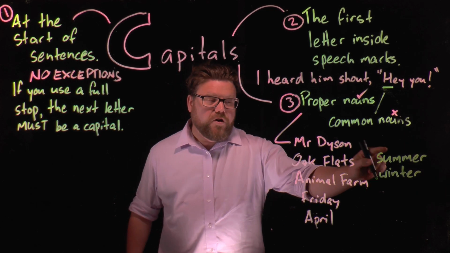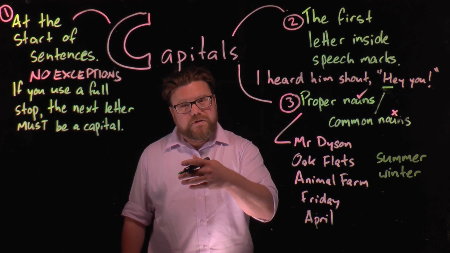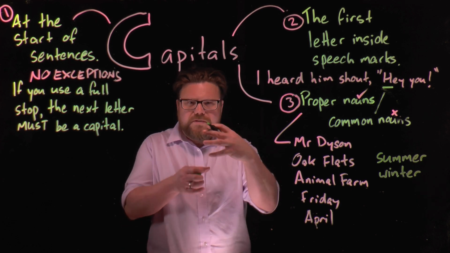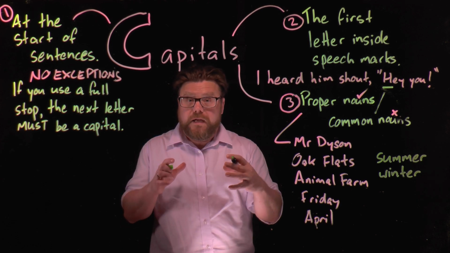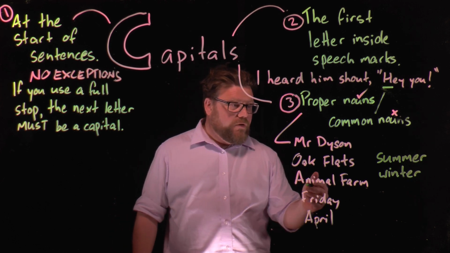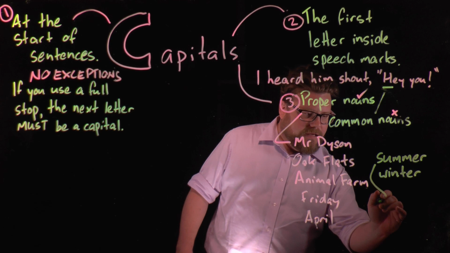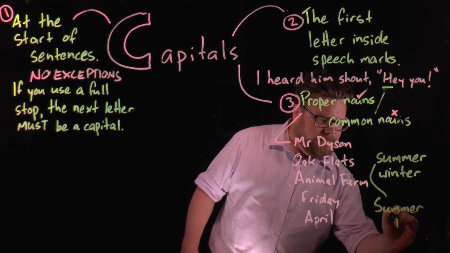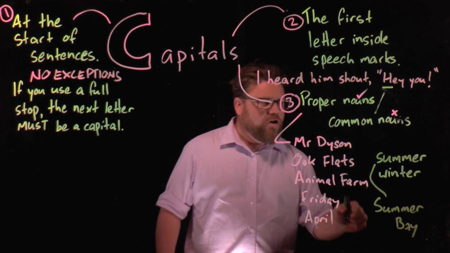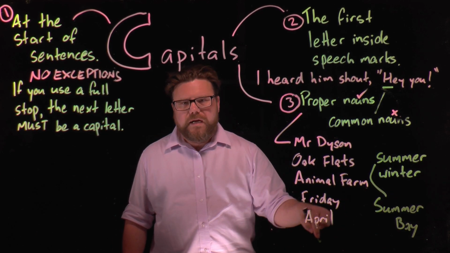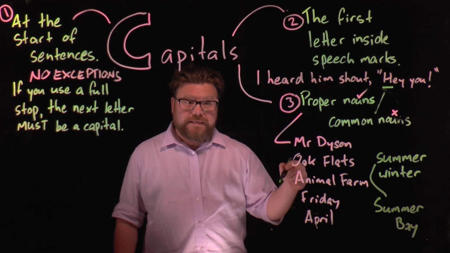If these common nouns become part of a title, then they're kind of like a common noun that's weaseled its way into a proper noun, and so it earns itself a capital letter. For example, if you were to say that you were going from Yabby Creek to Summer Bay, then the common noun summer now becomes part of the proper noun Summer Bay and takes a capital.